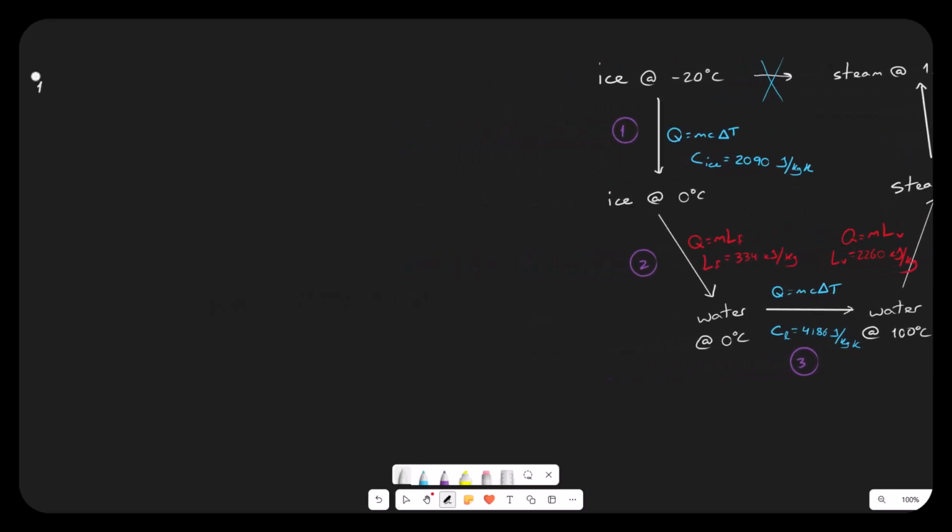So for process 1, the one piece that I'm missing is how much mass. So let's go with 100 grams. I'm raising this from -20 to 0, so I'm raising this by 20 degrees. And I should get 4180.